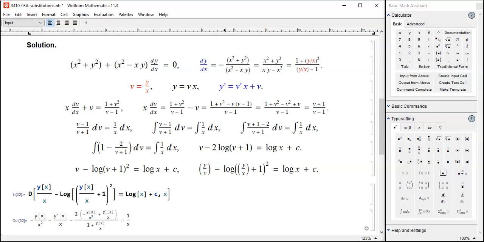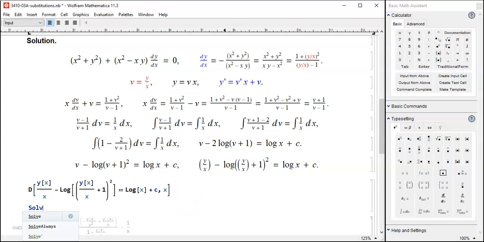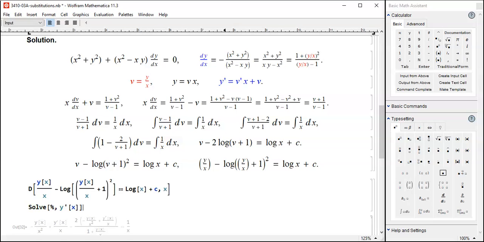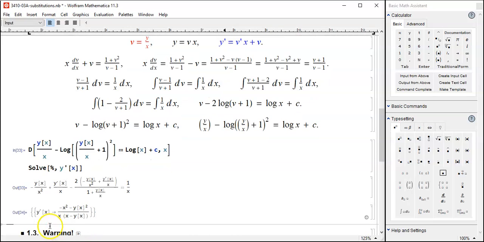That's what we get, and then solve the previous result with respect to y prime of x. This is what we get.